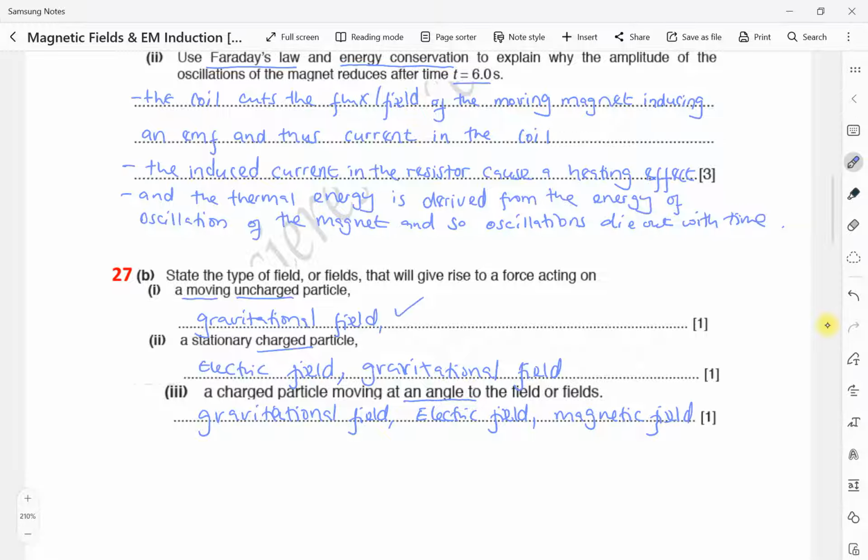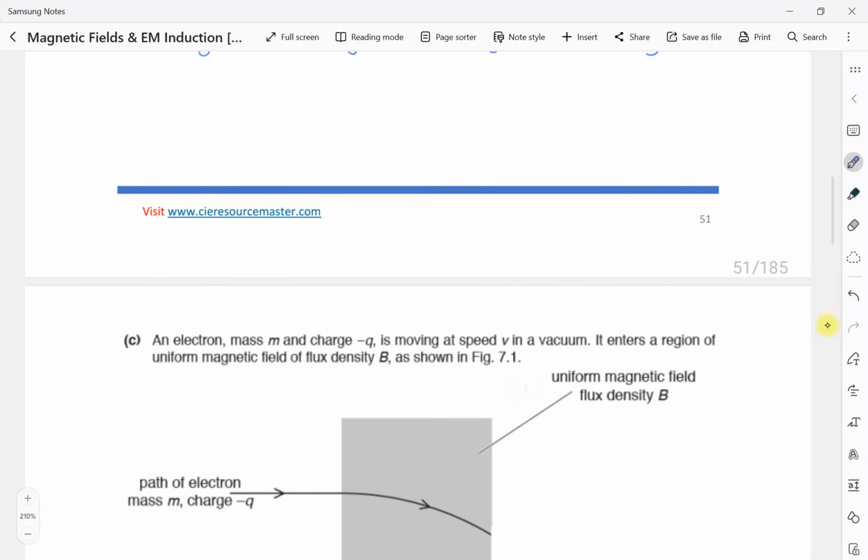So a magnetic field only gives rise to a force on a charged particle when moving at a non-zero angle. If the particle is charged and moving at a non-zero angle, then there will also be a magnetic force. So you have only one for the first one, electric and gravitational for the second one, then magnetic, electric, and gravitational for the last one.